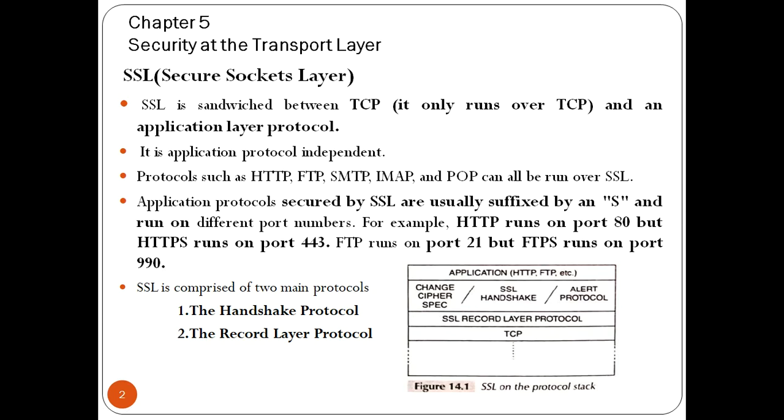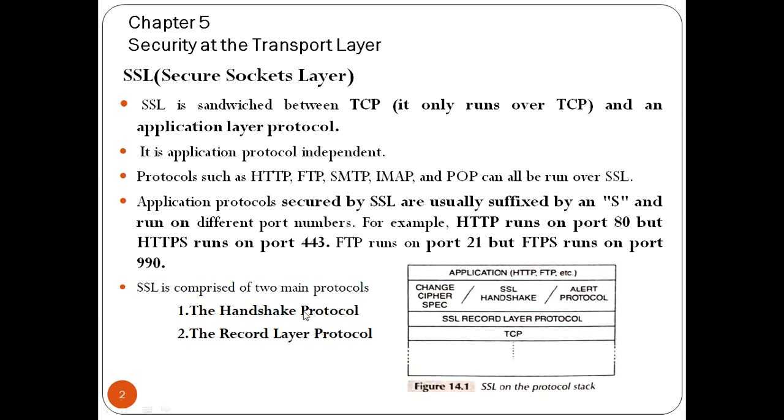Now let us see that SSL is comprised of two main protocols, namely the handshake protocol and the record layer protocol. This diagram shows SSL on the protocol stack. As I told, SSL is placed in between the application layer, which has several protocols like FTP, HTTP, and so on, and TCP, the transport layer protocol; the dots show the several next layers.